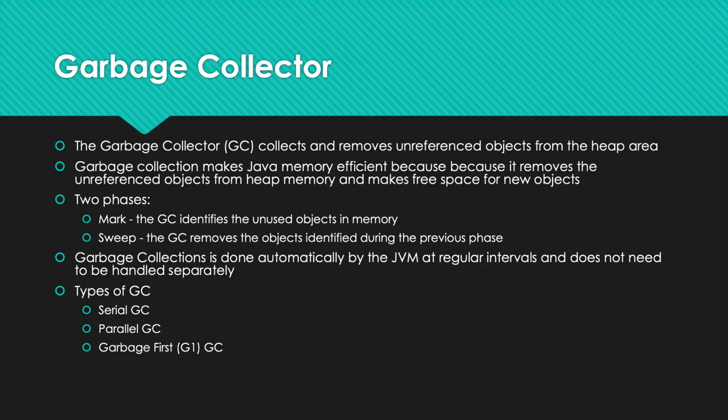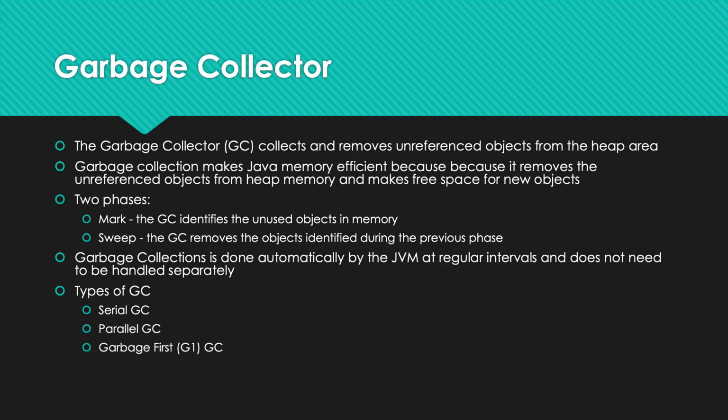So you need a mechanism to actually find the objects which are no longer being used, so that you can remove them and free up the memory for newer objects or newer variables. So that's where the garbage collector comes into the picture. It makes it more memory efficient by collecting and removing unused objects from the heap area.